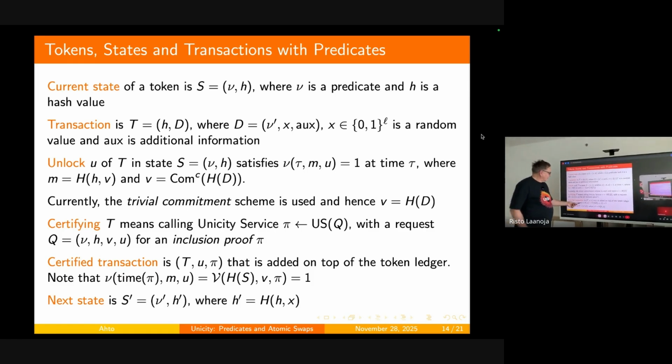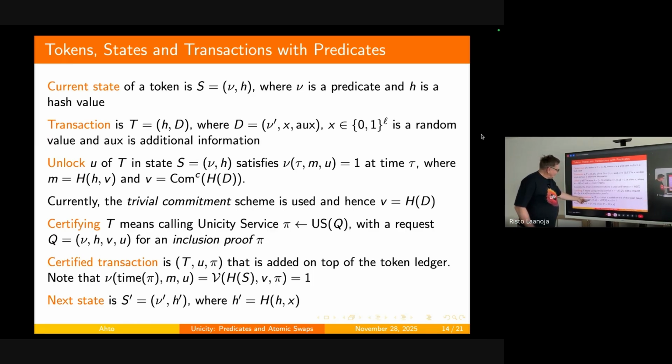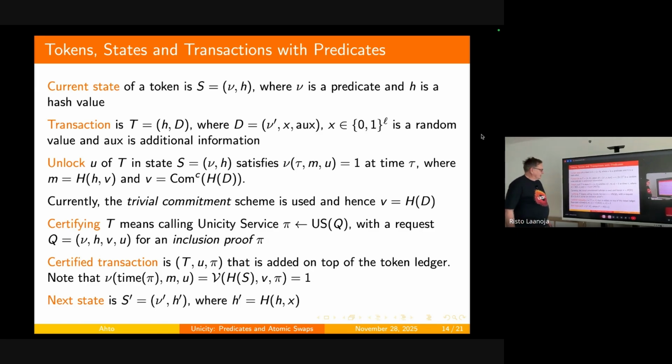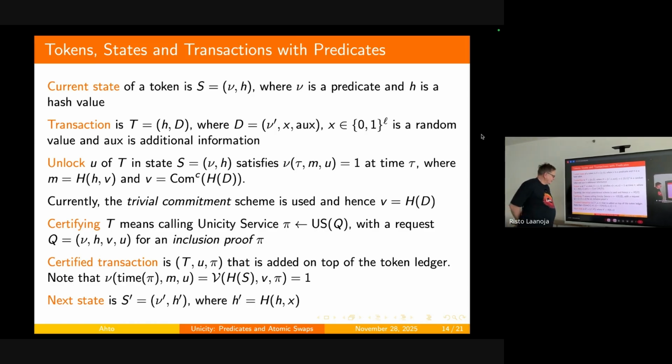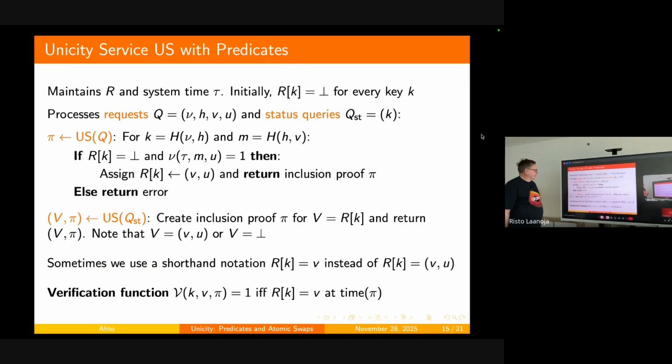So the signature should verify, or the locking predicate should verify, when the time is taken from the inclusion proof that we got in this step. So the user side takes time from inclusion proofs. And we compute the next state in a similar way. Okay, that's clear. Nothing special here.